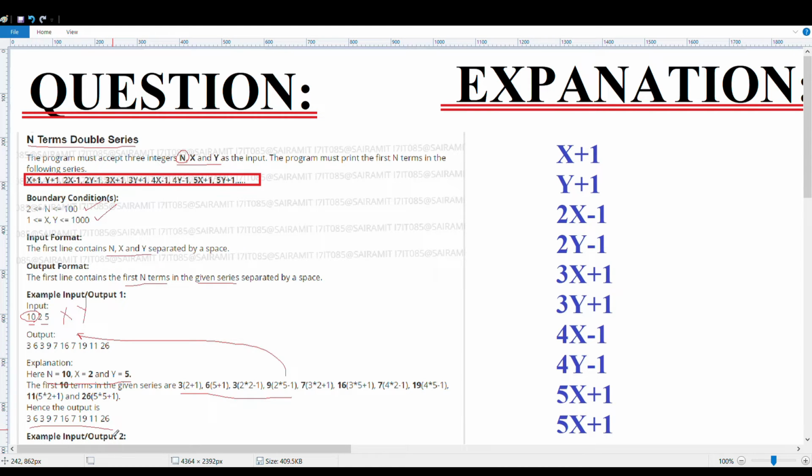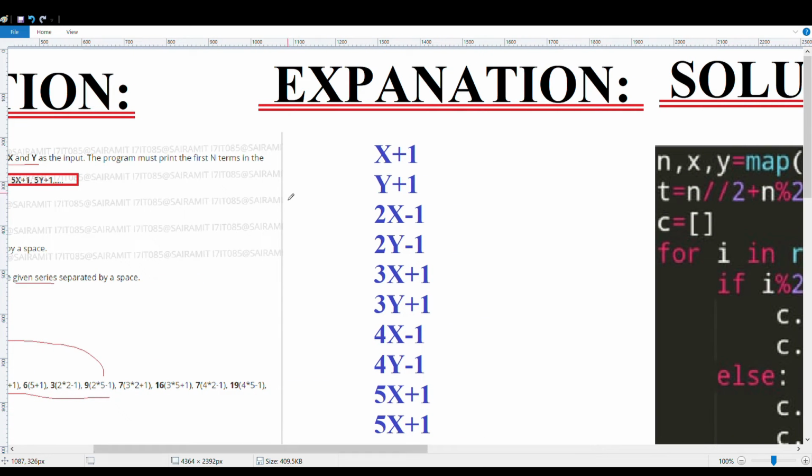Now what do we understand from the formula? Moving on to the explanation part, this is what is given in the question. We can clearly see that there is an alternating plus and minus, a pair of plus and minus in an alternating way. How can we generalize this?